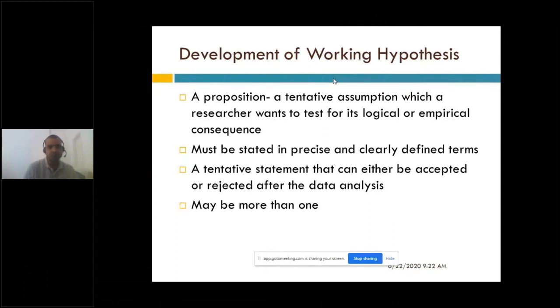So whatever perception or projection we have through literature review, for example, we believe one hypothesis: Ram is a good person. So it could be a hypothesis which may or may not be true.